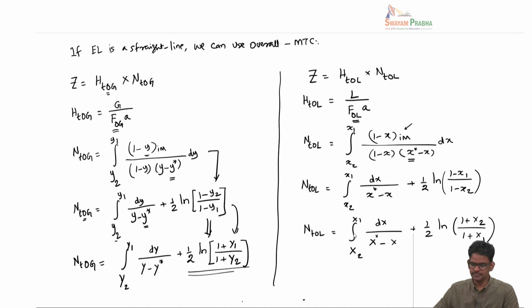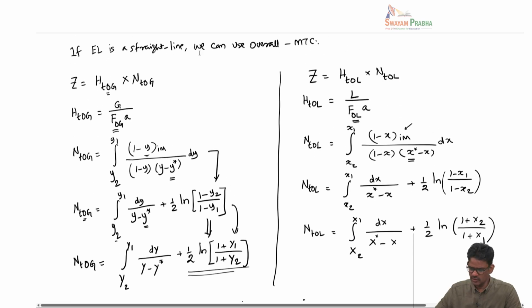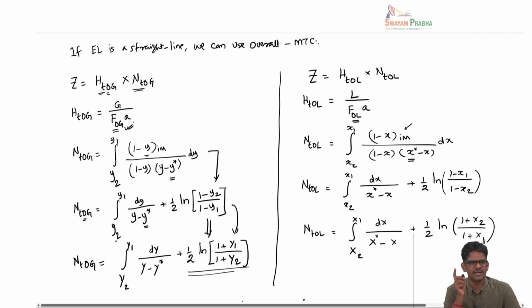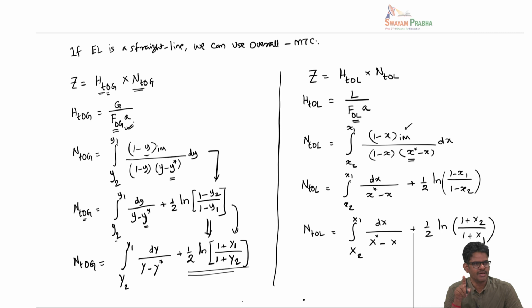In all these expressions, we have only expressed NTOG and HTOG. So here I have written the overall F-type mass transfer coefficient, but this has to be obtained from the local coefficients.